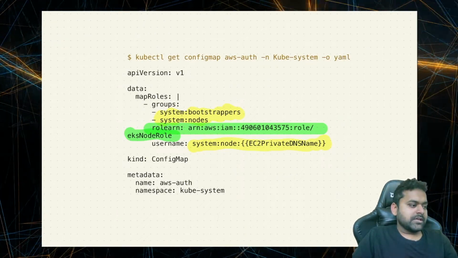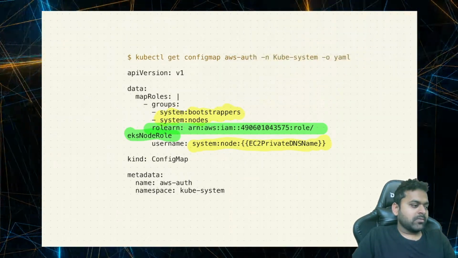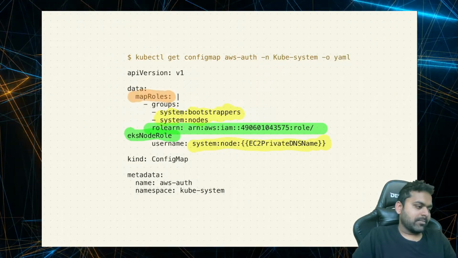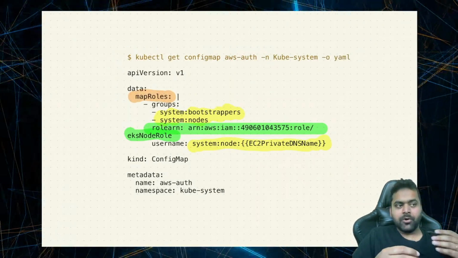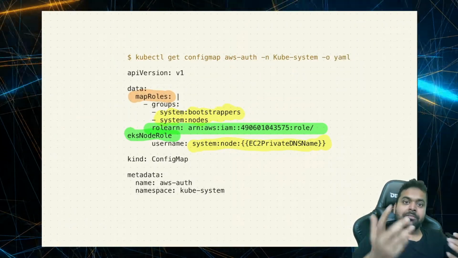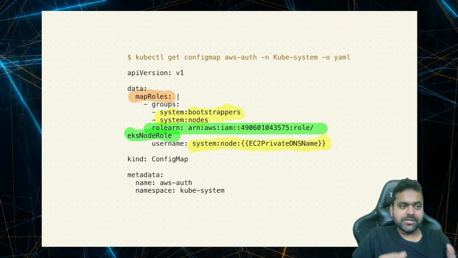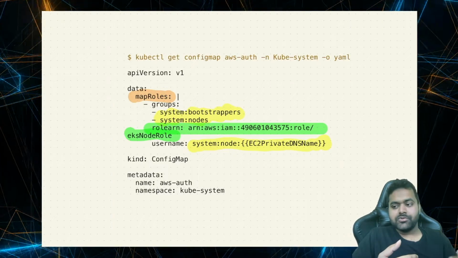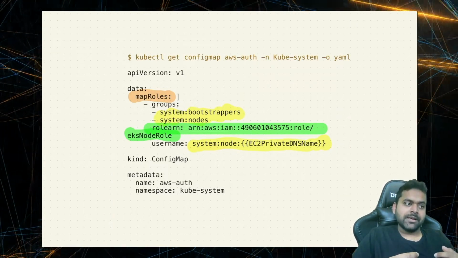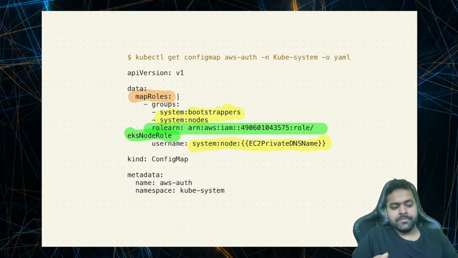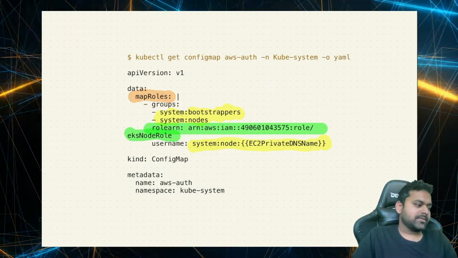Now if you see, there is one more thing here, it says mapRoles. So either you can map roles, meaning IAM roles, and there will be another term called mapUsers, in which you map IAM users. So I'm going to take an example of users in the next few minutes.